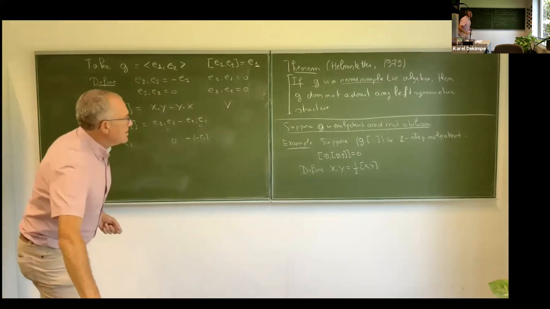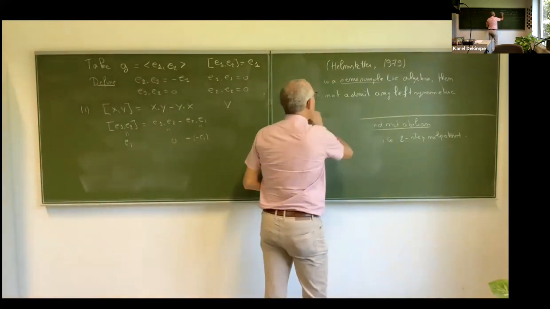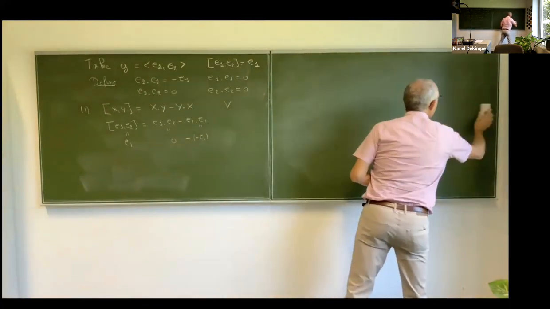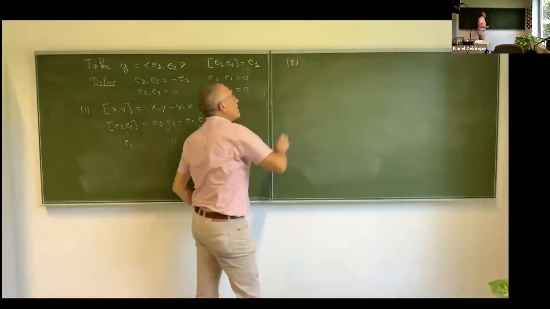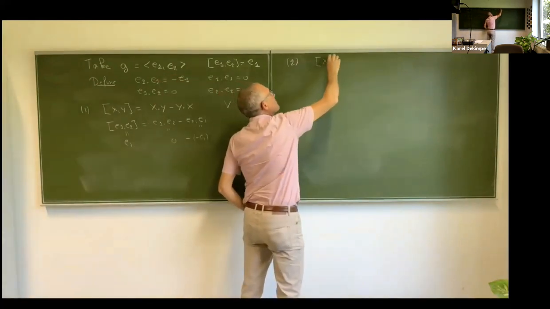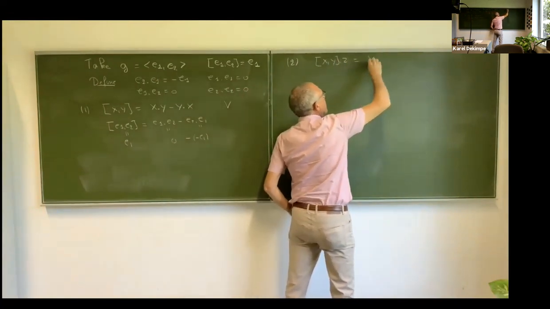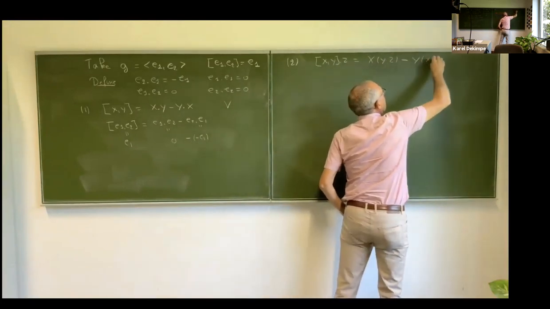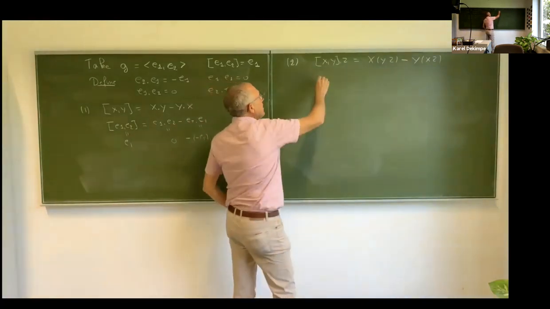And then the second condition says that the product of the bracket of x and y with z has to be equal to this combination. And again, I have to check this only on basis vectors.